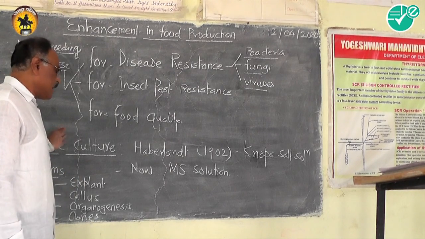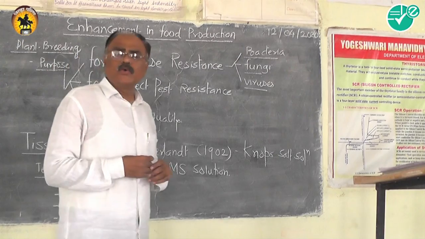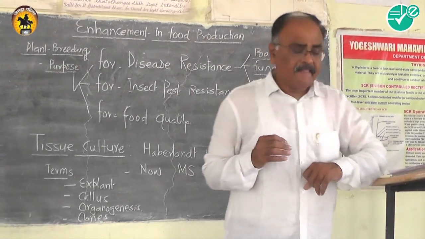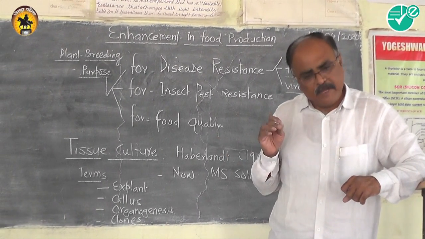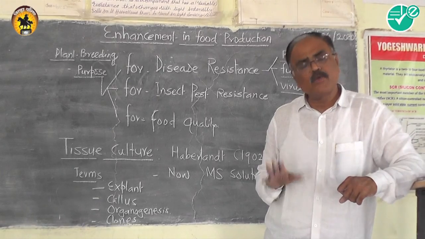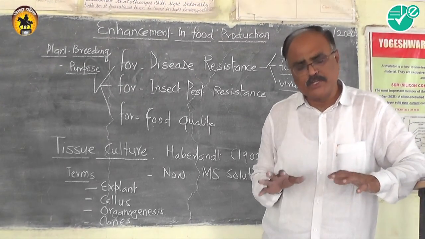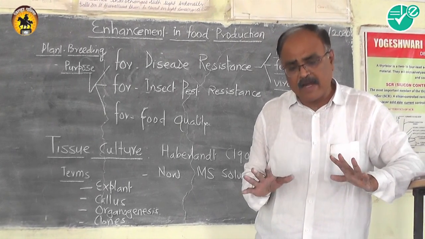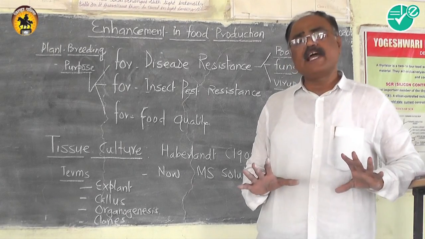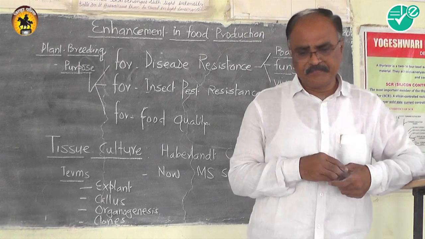In tissue culture, an isolated protoplast, cell, tissue, or plant part is utilized for generation of a new plant.